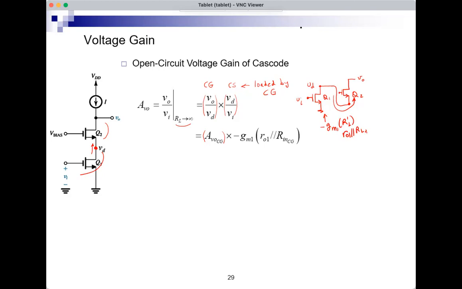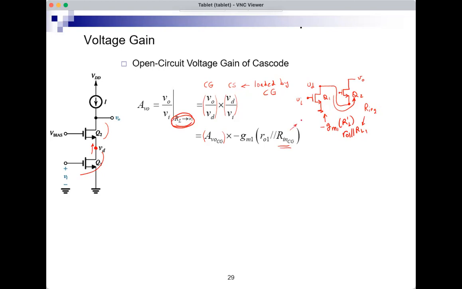But what is RL of stage 1? RL of stage 1 is the input resistance of stage 2. Now, luckily, the input resistance of stage 2 is the input resistance of a common gate. The input resistance of a common gate, when I'm doing AVO with an infinite RL, we have an equation for that.